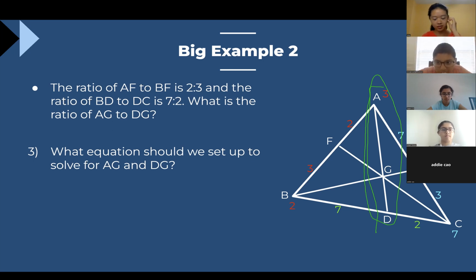Ooh, it looks like some of you are jumping ahead already. Remember, right now we might not have all the values, so just put the point or the line segment that would be multiplied together.